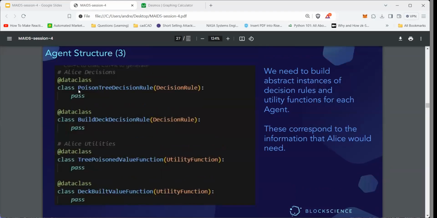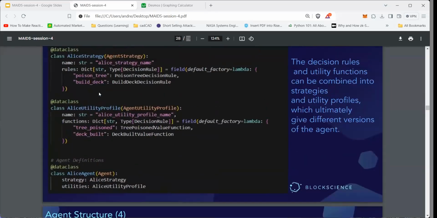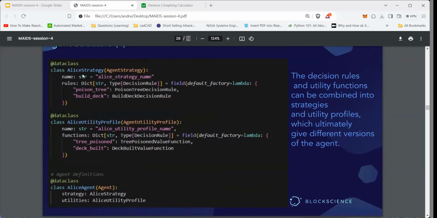And then when we actually want a specific agent, we have to say what the specific poison tree decision rule is. But before we do that, we look at what we're going to do with strategies. So here's what a specific abstract strategy looks like. This is an Alice strategy.